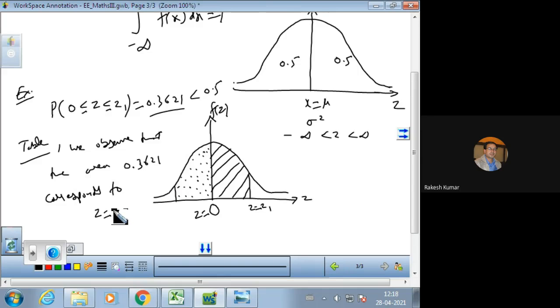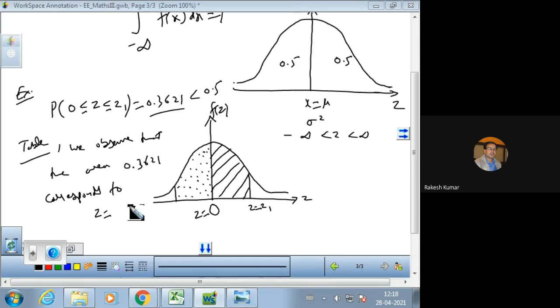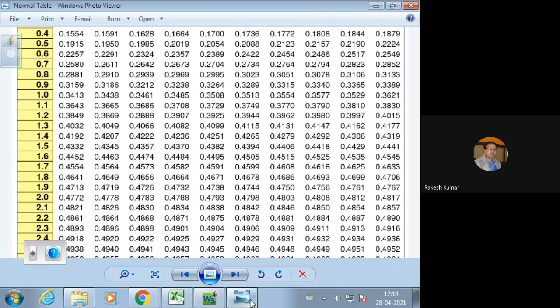This is the point we need to find out, so let us observe from the table. We have area 0.3621. One more thing: it is either on the negative side or on the positive side, for that we will see later. First we have to find the point for 0.3621.